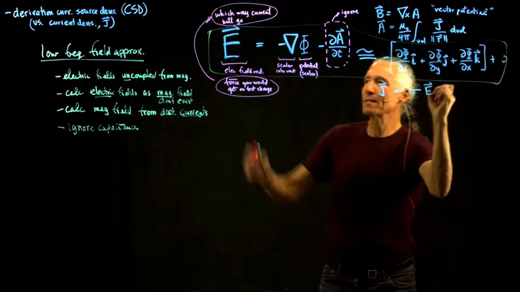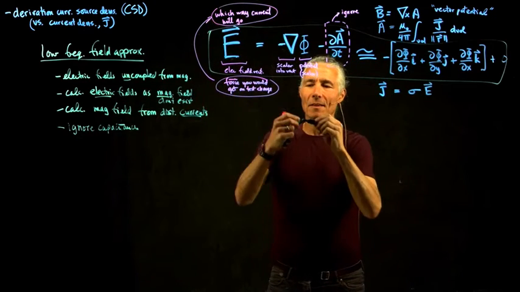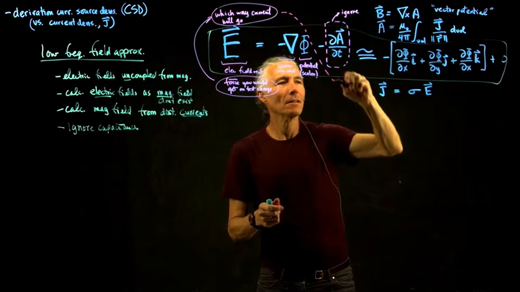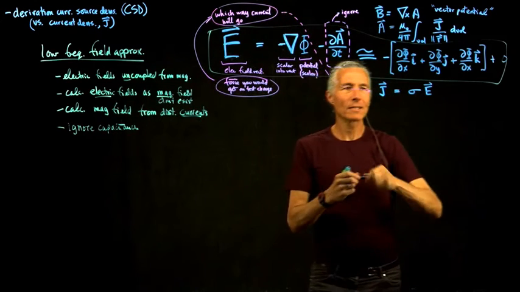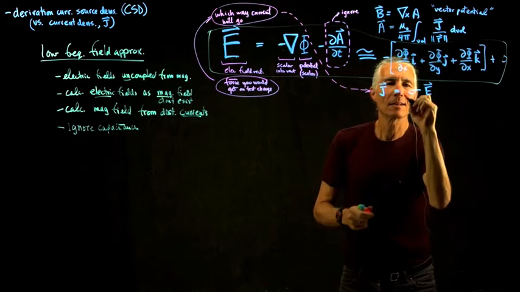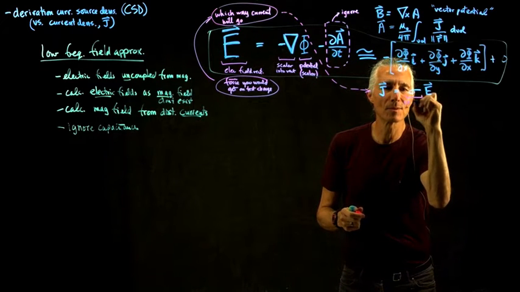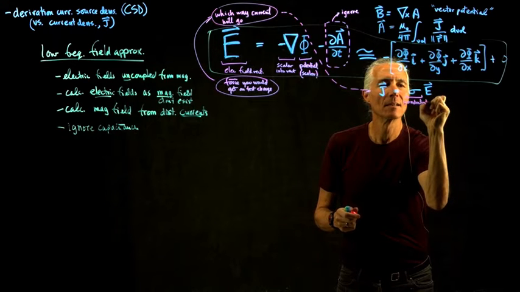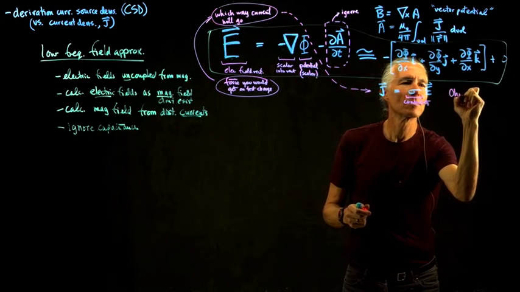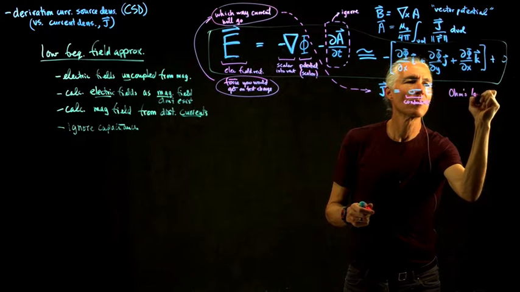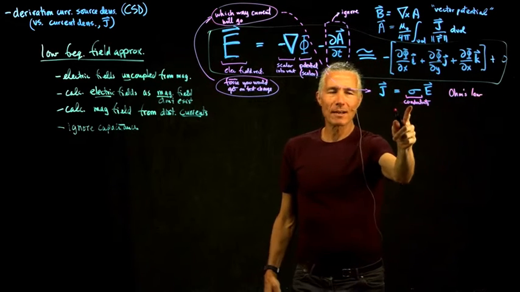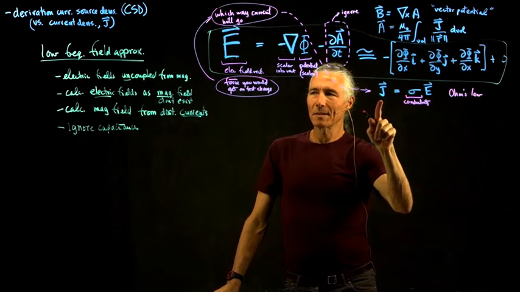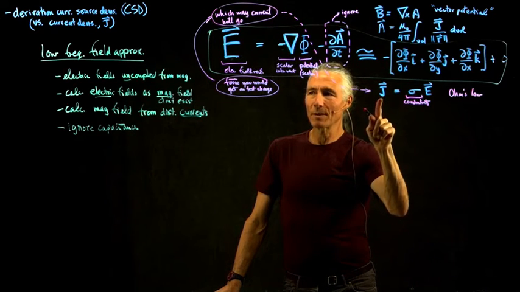So this is Ohm's law. Ohm's law says that depending on how conductive something is determines how much current is flowing and what direction it's going.